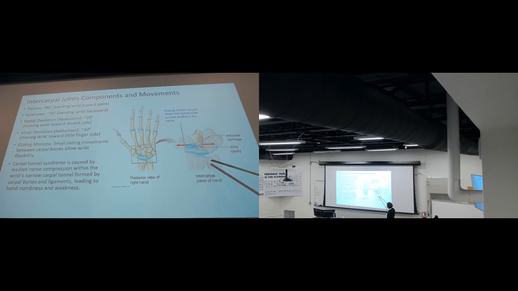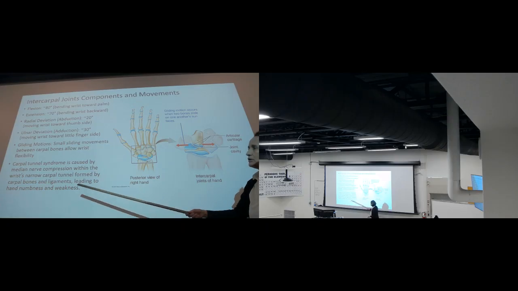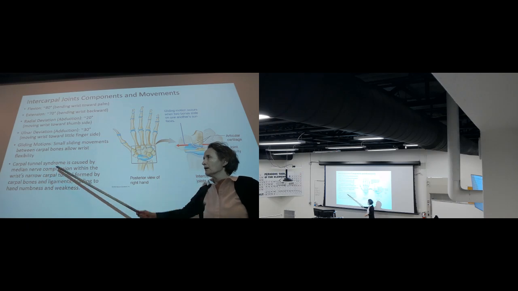And now it's not seen in here, we will see it in the muscular system chapter, but the carpal bones form like a little tunnel when you see it anteriorly, like this, or posteriorly like this. Through this little tunnel, we have ligaments that pass through there and a nerve that is called the median nerve.